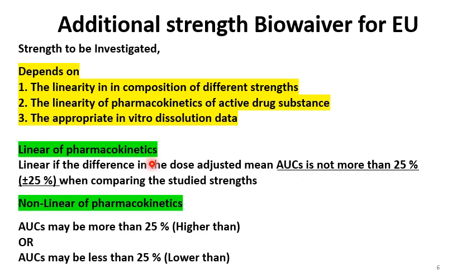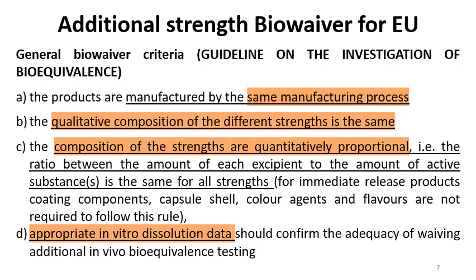So here it is very important to consider that for linear kinetics, the dose adjusted mean AUC will be within 25% of the strength which is in consideration, and non-linear may be higher or lower than the dose compared for the AUC.